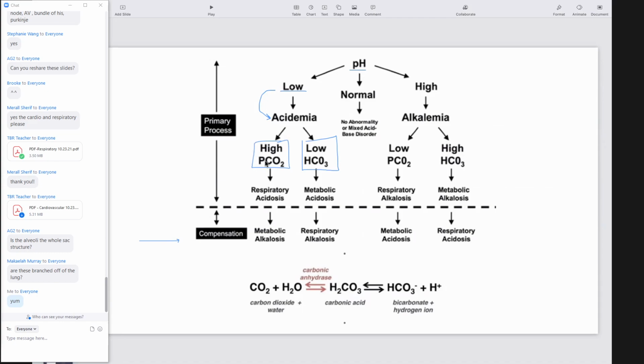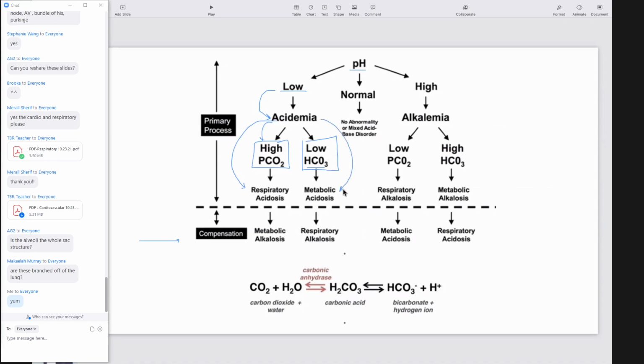So if we have a high partial pressure of CO2, that's because there's an issue with our breathing. We are breathing too slow. If the acidosis is caused by a breathing issue, it's called respiratory acidosis. If the acidemia or acidosis is caused by bicarb, it's a metabolic acidosis.